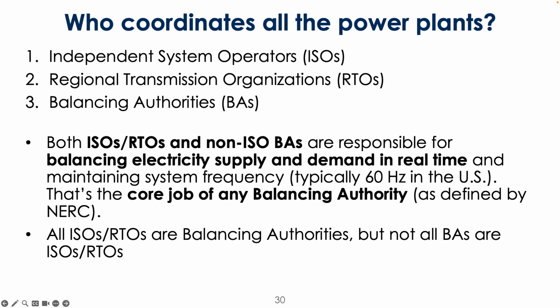And they are as responsible as an ISO or RTO for balancing electricity supply and demand in real time. All of these balance supply and demand, and that is the central job of a balancing authority. All ISOs and RTOs are balancing authorities, but not all balancing authorities are ISOs or RTOs.